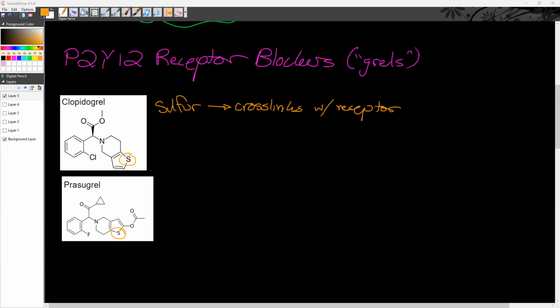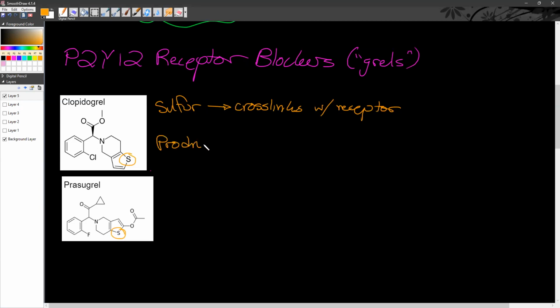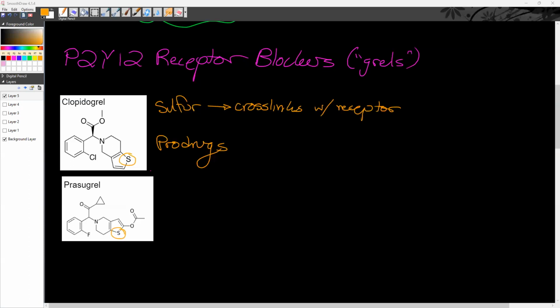The important point here is that clopidogrel and prasugrel are prodrugs. The reason is because they're going to be metabolized in a way where we're going to free that sulfur and enable it to bond better.